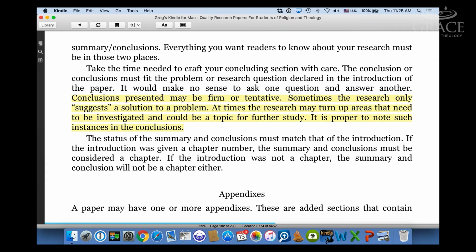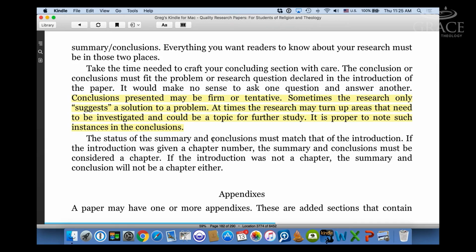Conclusions presented may be firm or tentative, and I'm fine with that as long as you're concluding something. Sometimes the research only suggests a solution to a problem. At times the research may turn up areas that need to be investigated and could be a topic for further study. It is proper to note such instances in the conclusions.